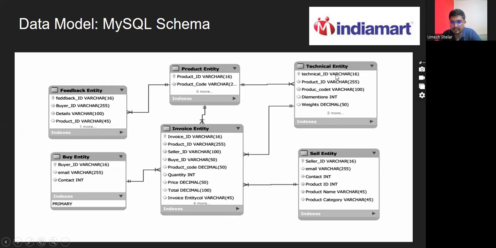So it will take the technical specifications, and buyer's ID is also connected to the main fact table. This is the complete schema I have designed for the IndiaMART tables.